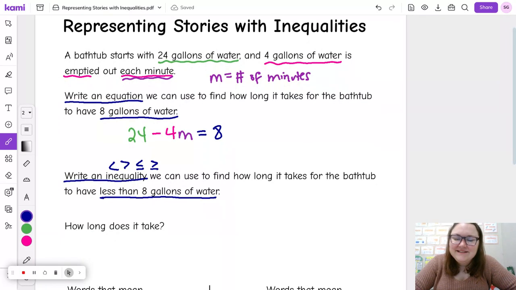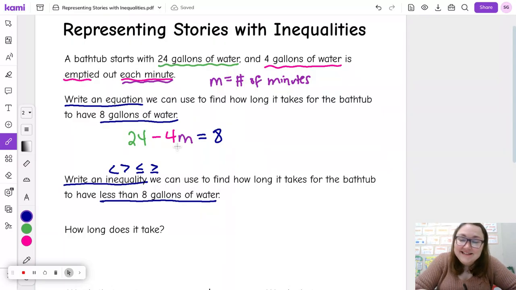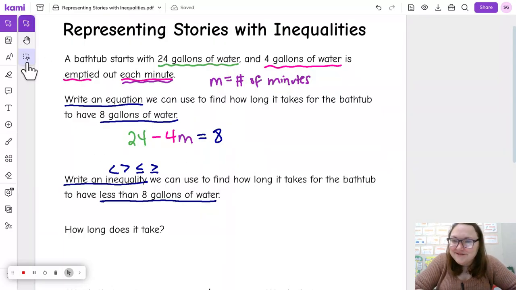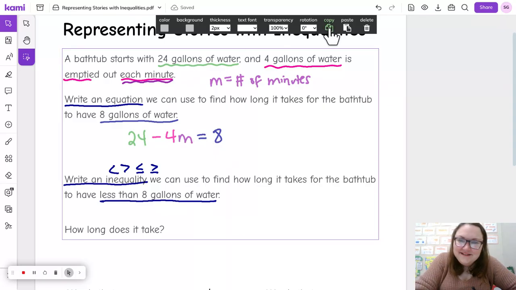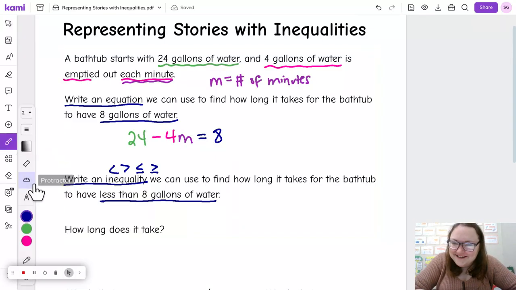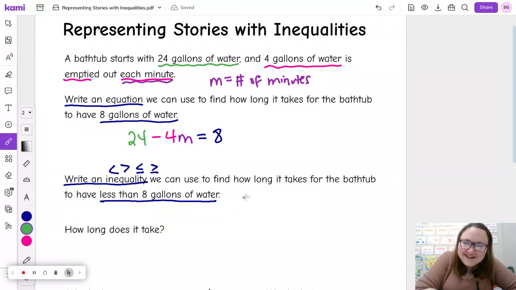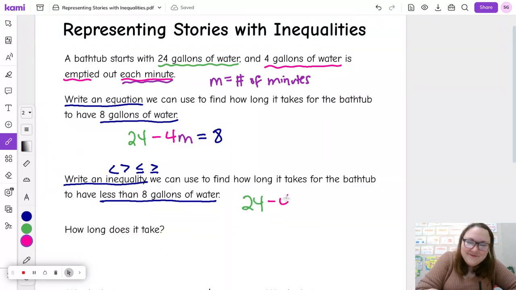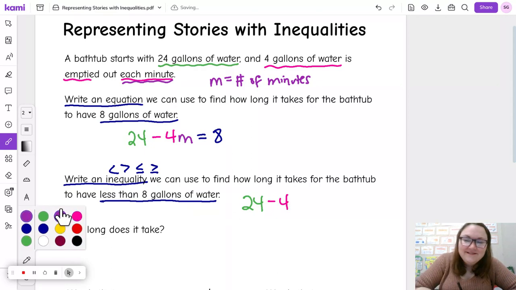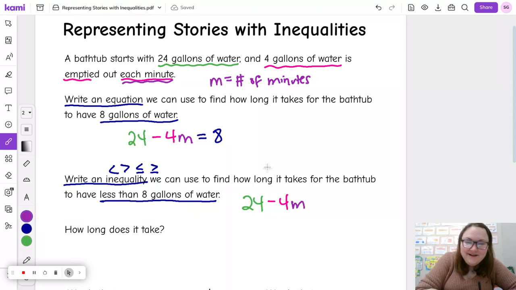And so if I want it to have less than 8 gallons, it's going to look really similar to what we did before. I can even copy this if I want. It's going to start with 24 gallons. We're still emptying 4 gallons every minute, and so I still need that variable m to represent my number of minutes.